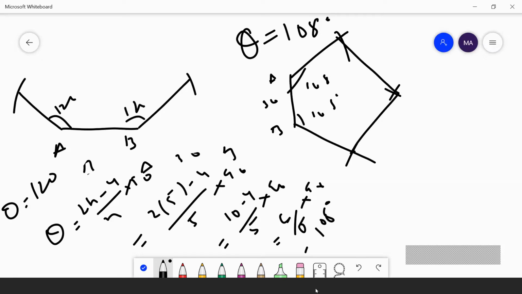I am cutting 30 here and 30 here. Then I am drawing one line from here and one line from here. Understand? Then from here I am cutting 30, and from here I am cutting 30. Okay, I am joining these points. You will get a hexagon.